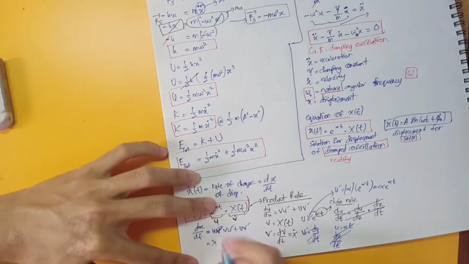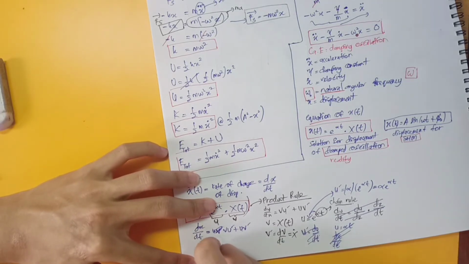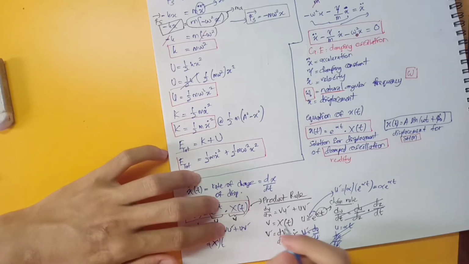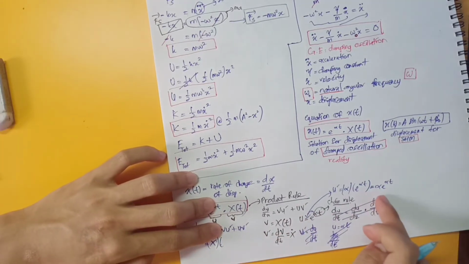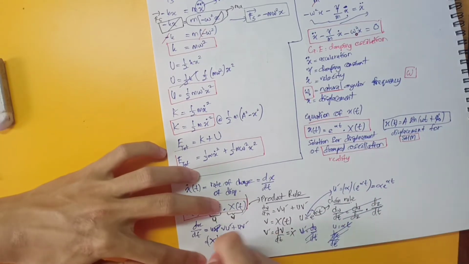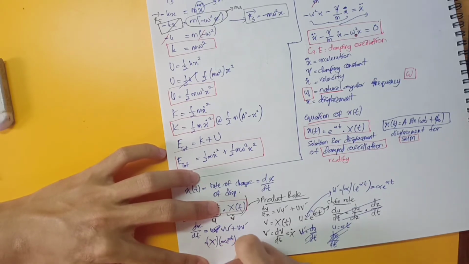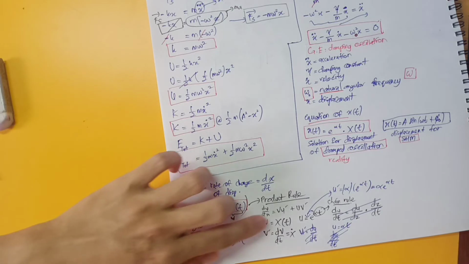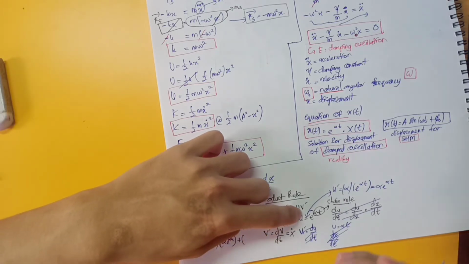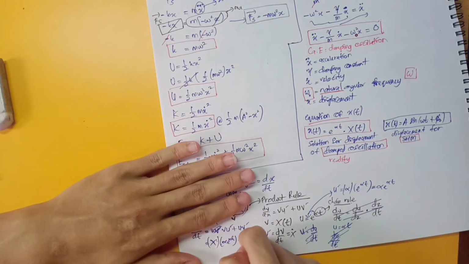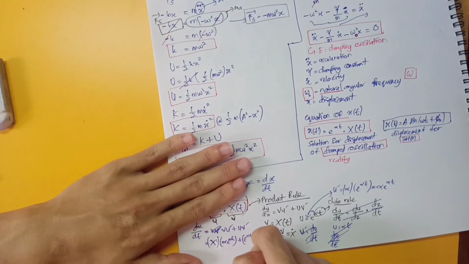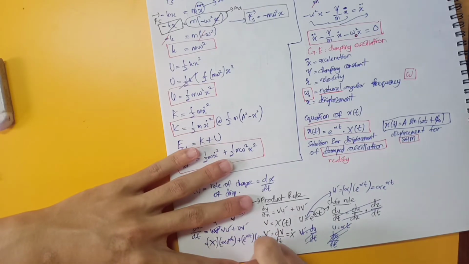This is x, multiplied with u prime, which is alpha e power of alpha t, plus u, which is e power of alpha t, times v prime, which is x single dot.